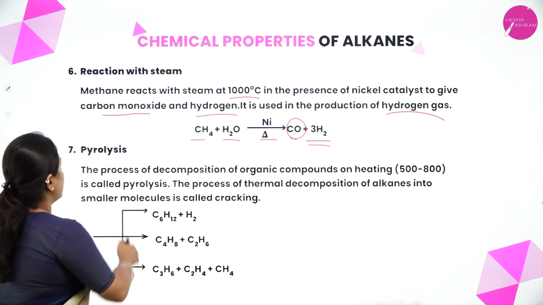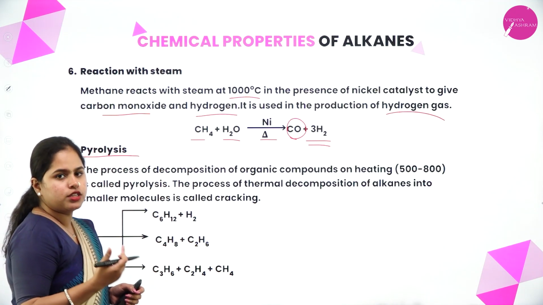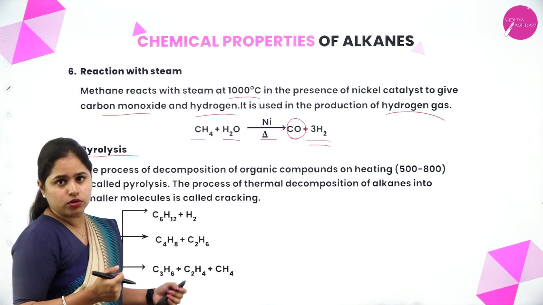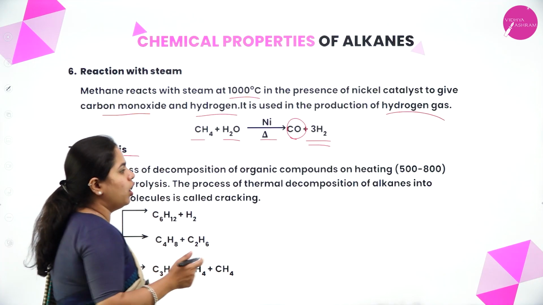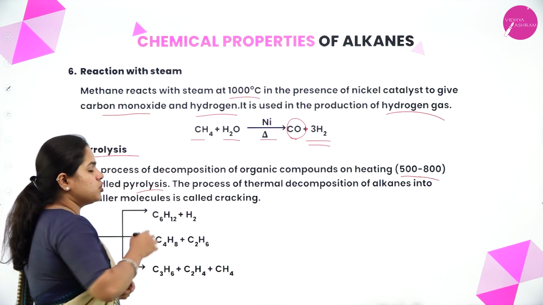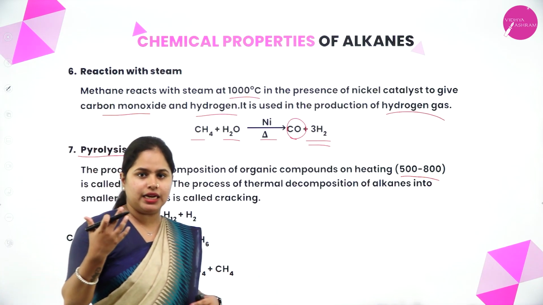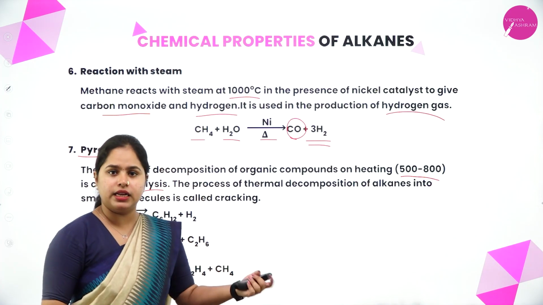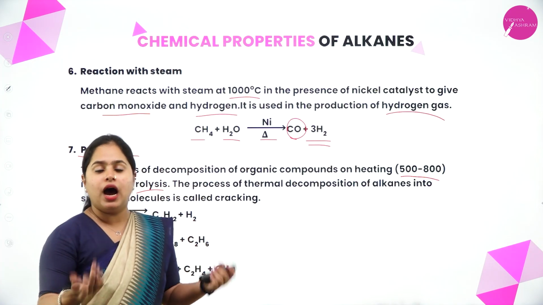Now the last one is pyrolysis, or cracking. What does that mean? The process of decomposition of organic compounds on heating at 500 to 800 Kelvin is called pyrolysis. What we are going to do here is break the higher alkanes in the presence of very high temperature, or on heating at higher temperatures.